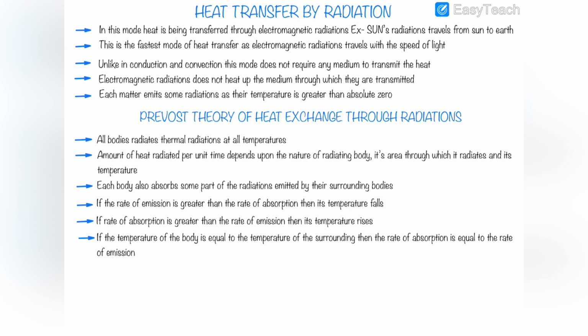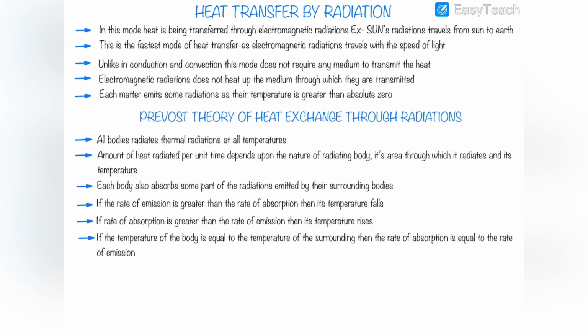The electromagnetic waves coming from sun are incident on earth's surface and absorbed in earth, due to which earth's surface gets heated, and the air in contact with that heated surface becomes hotter. But electromagnetic waves do not heat up the air.